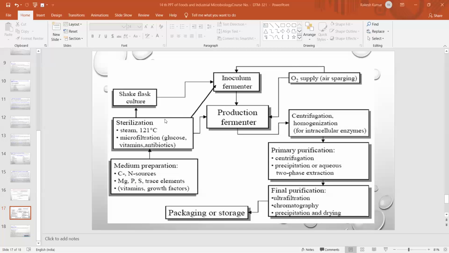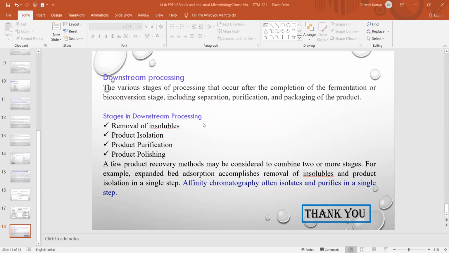After cultivating that particular microbe inside the chamber for a certain time, you have to stop the whole process. Thereafter, you go for extraction, using centrifugation or some other method. Utilizing ultrafiltration, chromatographic or precipitation techniques, you can purify the end products, and thereafter packaging is done as per the nature, quality and characteristics of the end product.